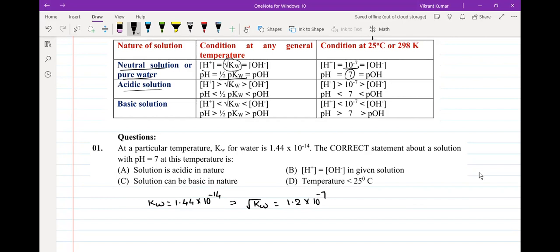Okay. Now again I am having two choices. Either I find H plus from pH, or I find half pKw from root Kw. Both of the methods will be right.